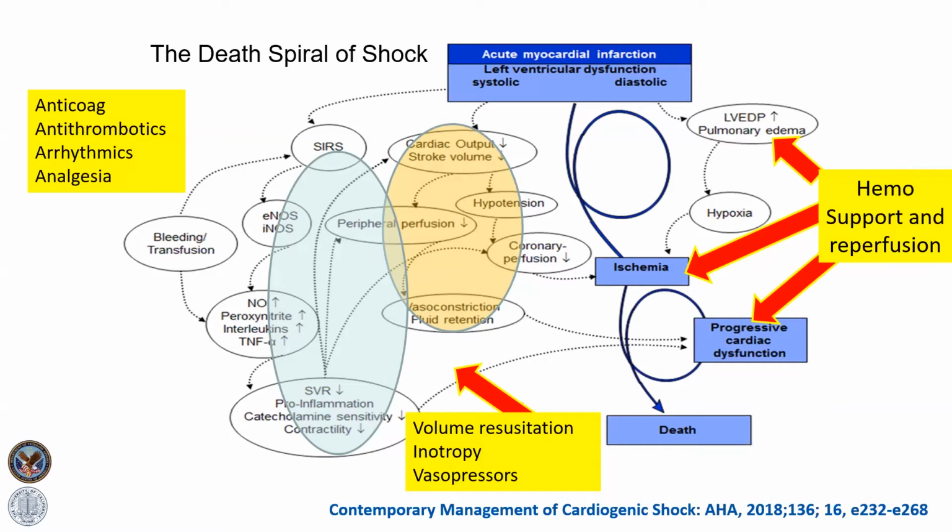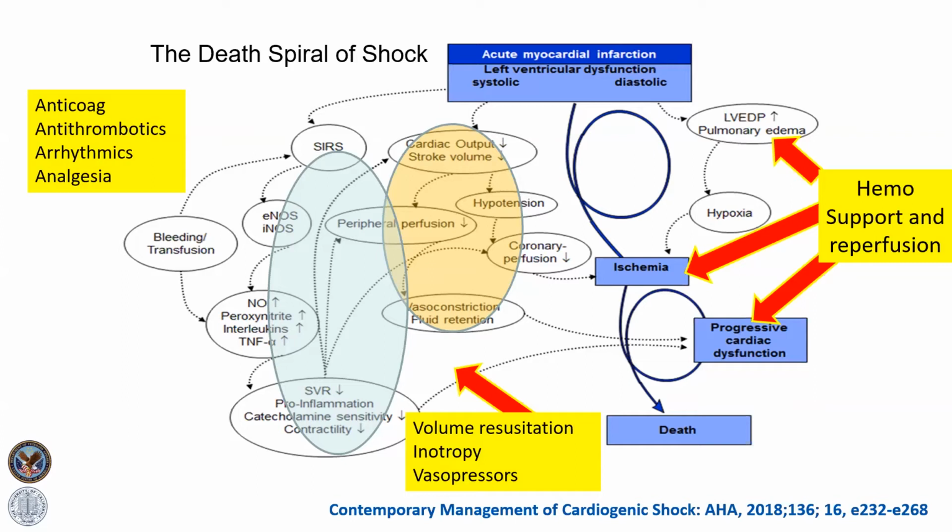It will address, we hope, coronary perfusion and reduce left ventricular demand for blood, thus reducing ischemia. And it should, on reperfusion, reduce the progressive cardiac dysfunction that may be occurring through poor circulation, peripheral constriction, lactate elevation, and systemic inflammatory activation. So there are benefits on multiple levels rather than just increasing blood pressure.